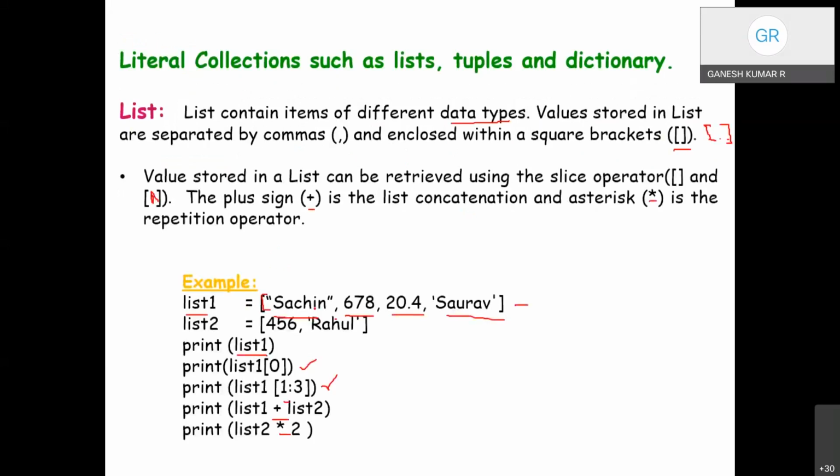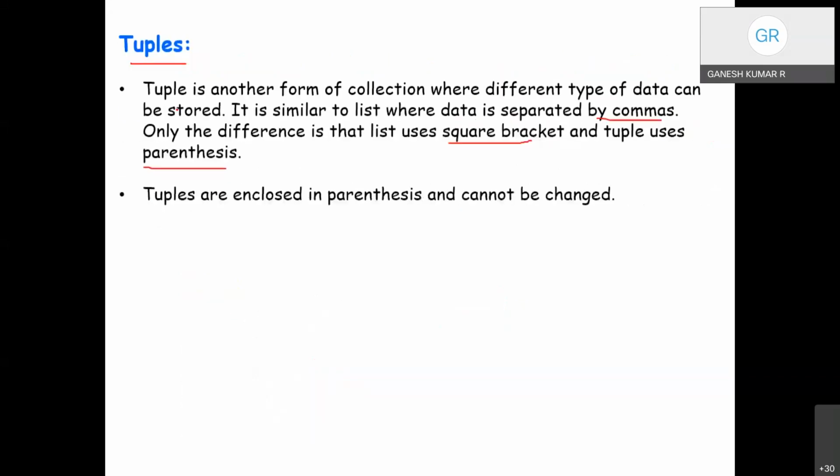In a list, the data members are enclosed in a pair of square brackets, whereas tuples are enclosed in a pair of parentheses, left parenthesis and right parenthesis. A tuple cannot be changed at any point of time later. If it's a square bracket, it is called a list; instead of square brackets, if we use a pair of parentheses, it's called a tuple.